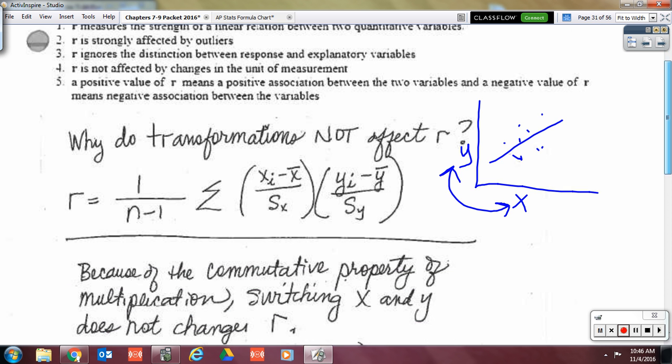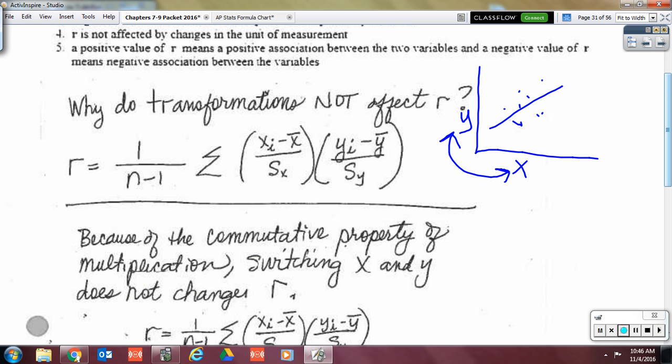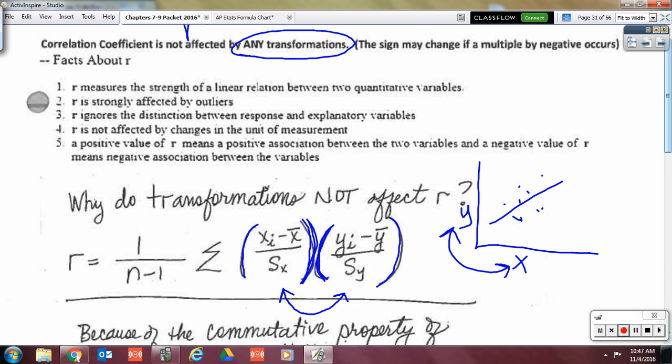Here's why that is happening. Because this is the formula. You have this information for the x's and this information for the y's. So if you had done commutative property of multiplication and switched the order of these 2 parentheses sets, it wouldn't change the value of the R. Okay, so adding, subtracting, multiplying, and dividing do not affect the correlation coefficient.